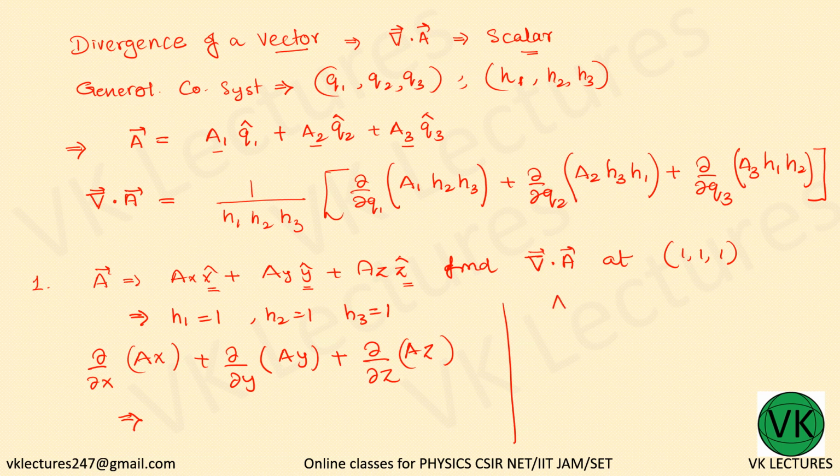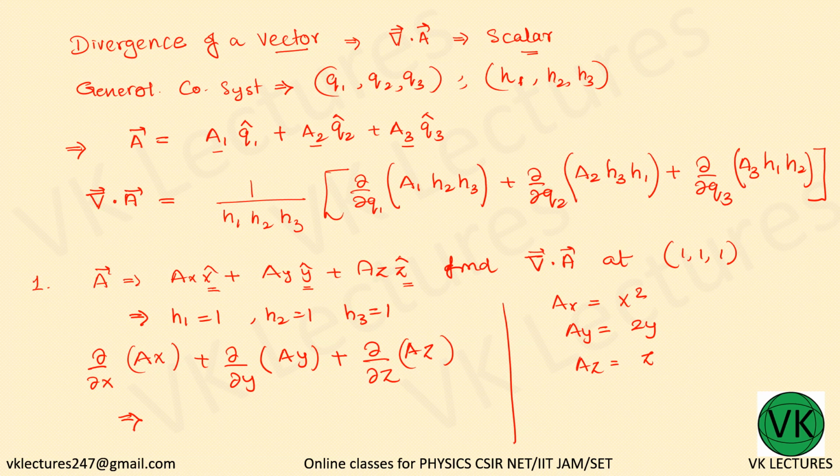Let us write ax equal to x square. Let us take some values. Ax equal to x square, ay equal to some 2y, and az is equal to z.